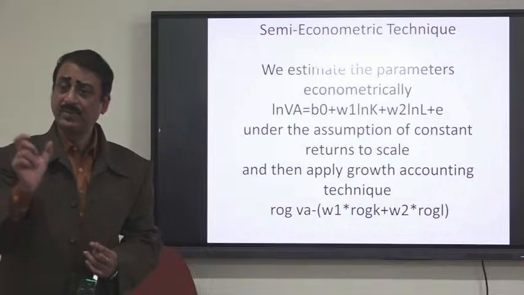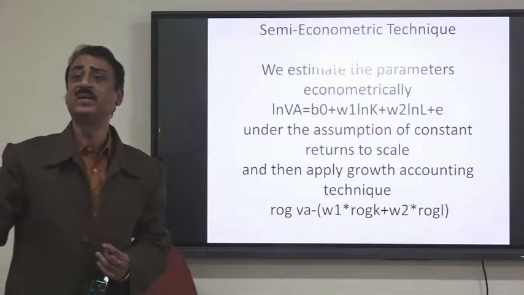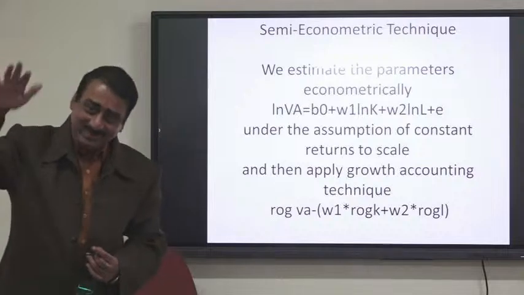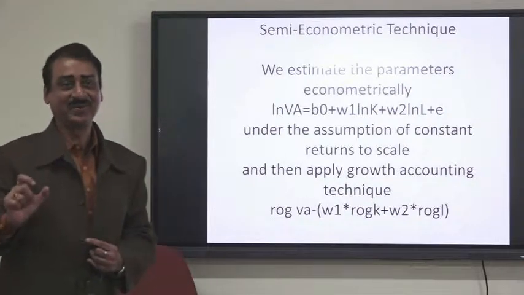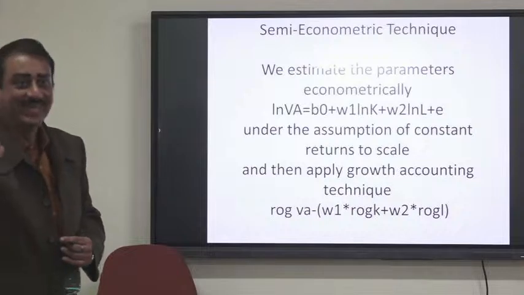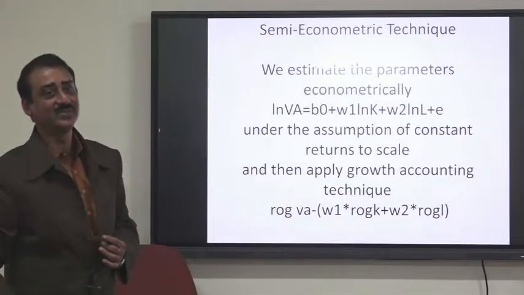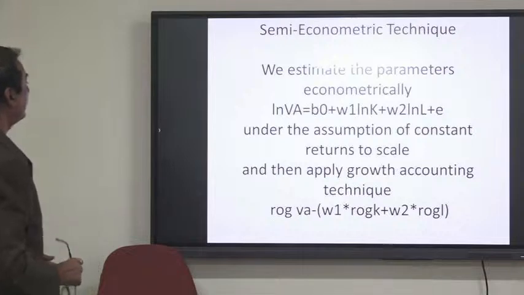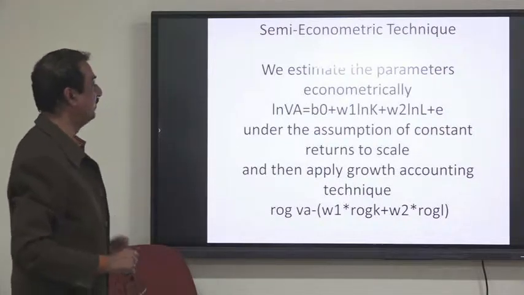So 5 million multiplied by 100 divided by 120. So it will be reduced. That is today's price in the initial year's price. Current price is being converted to constant price. So under the assumption of constant returns to scale, you then apply growth accounting.